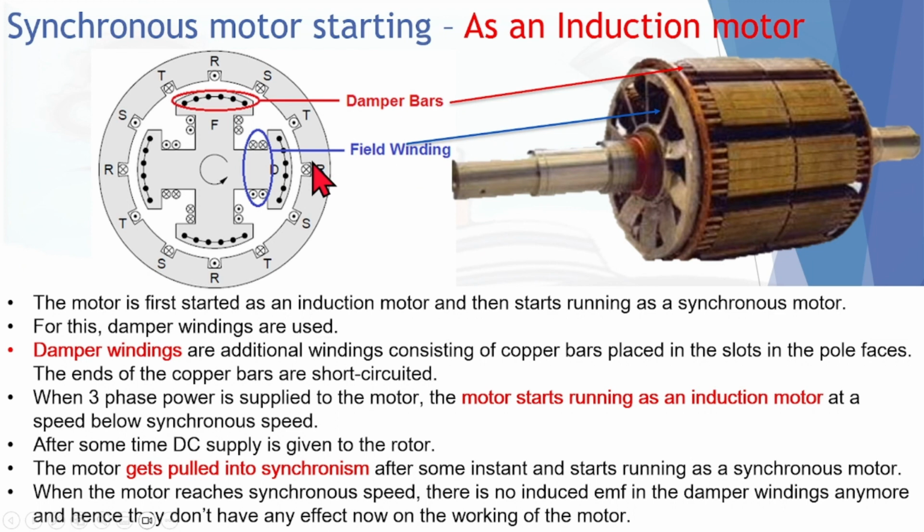Right. Let's say at the beginning, we are not going to supply the field winding. Then the damper windings act as a normal induction motor. As the stator rotating magnetic field is there, there is a closed circuit path in the damper bars, like a squirrel cage.